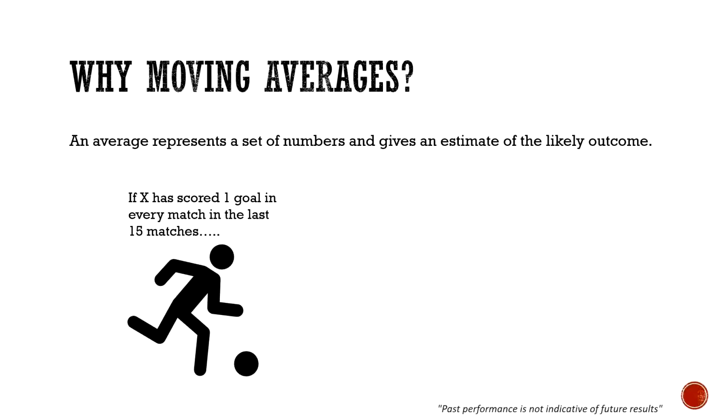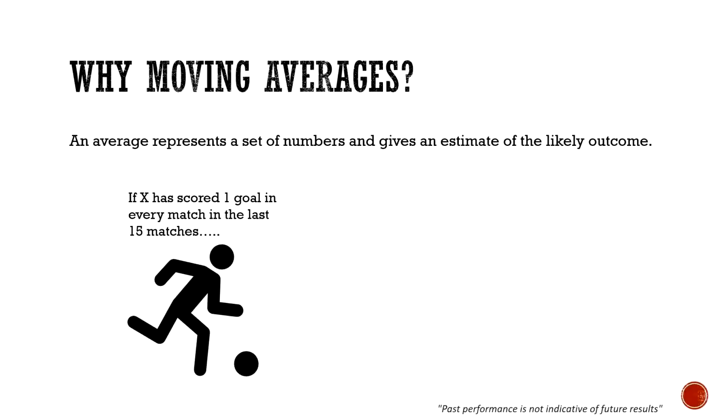As we saw earlier, it represents a set of numbers that gives us a likely outcome. What does it mean? Now let's use the analogy of football, and my apologies if some of you are not football fans, but let's look at a very simple example.